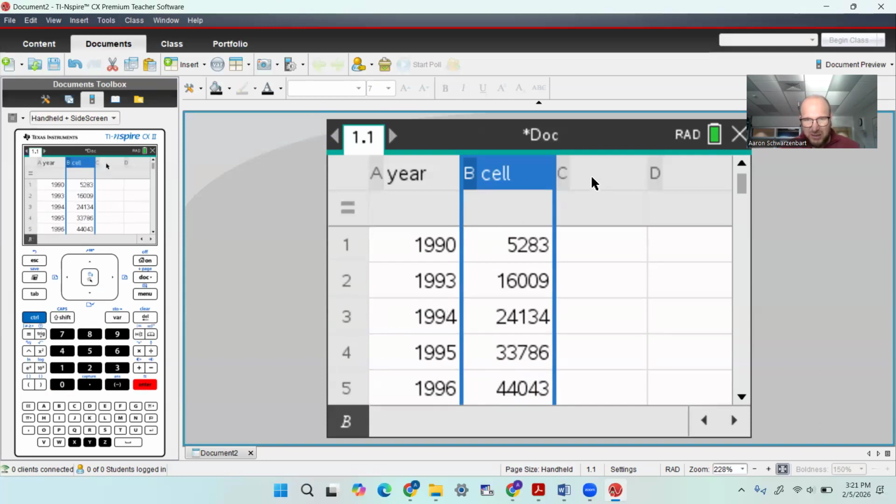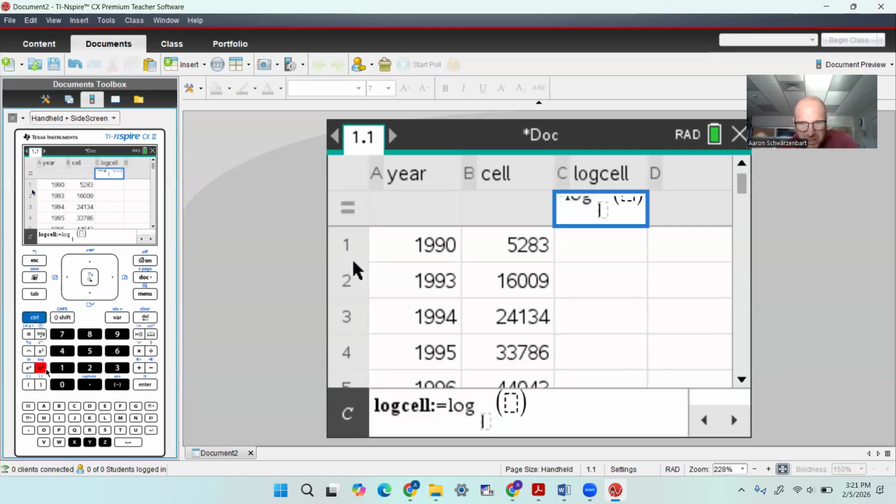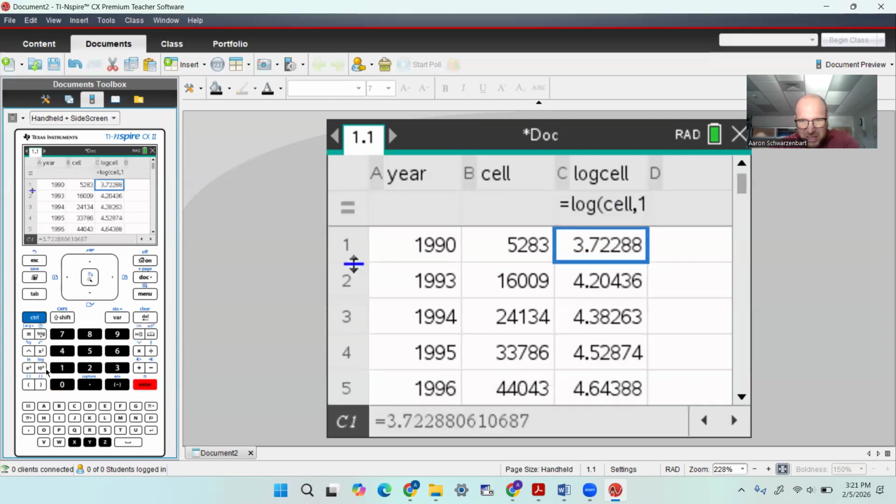To transform it, I'm going to take the logarithm, or the natural log, because it's the easiest one, well, the book does the log base 10. So I'm going to call this column log cell. In this column, the formula column, I'm just going to do the log base 10 of cell, and that'll take that whole column. Now it has linearized that.